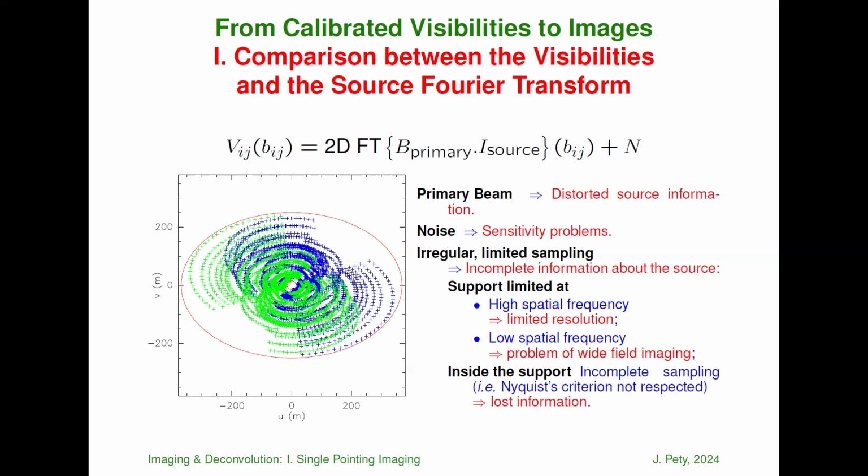You see, for instance, that those regions are completely devoid of measurement. So the Nyquist criterion is not respected. And all those problems imply that you have lost information. Okay? You don't have complete information on your source.